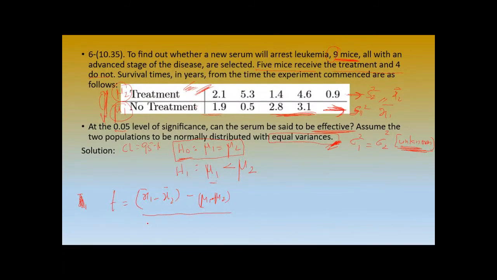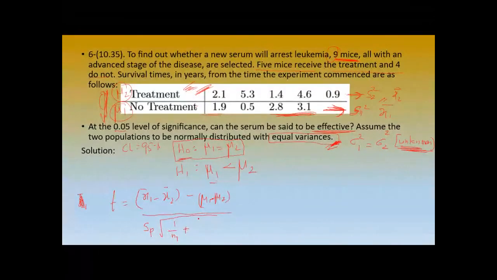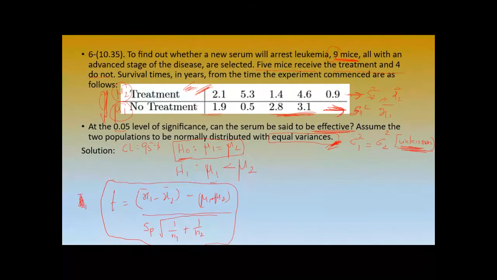Divided by Sp, the pooled estimate of the standard deviation, times the square root of 1 over n1 plus 1 over n2. This is the formula for this case. You can check back the summary table and find this one, for two variances that are unknown but equal, when the pooled t estimate will be used.